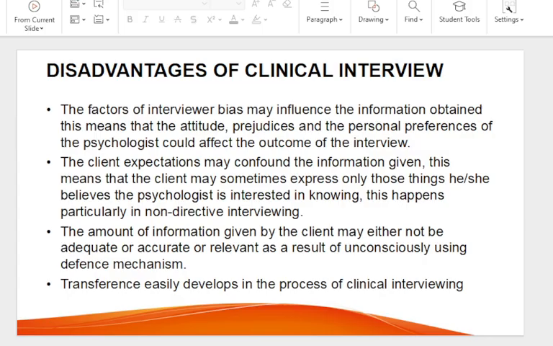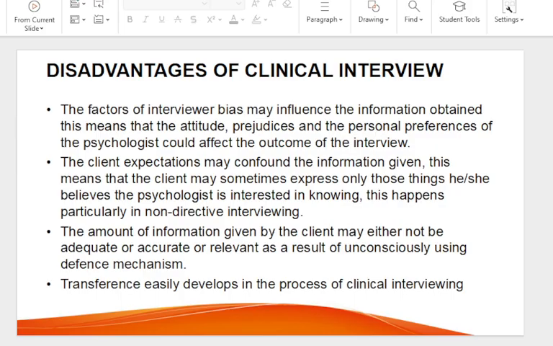So interviewer bias might show up during clinical interview and then disorient the data you've gotten. However objective it might come, subjective reasoning in interpreting it might disorient the whole process.